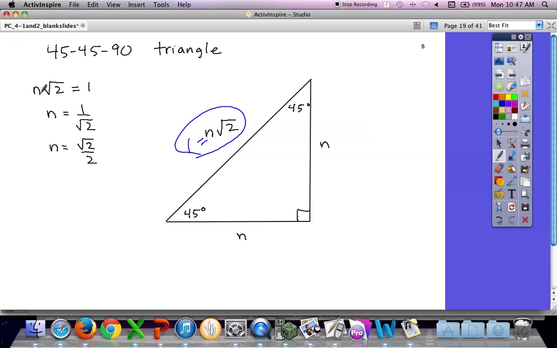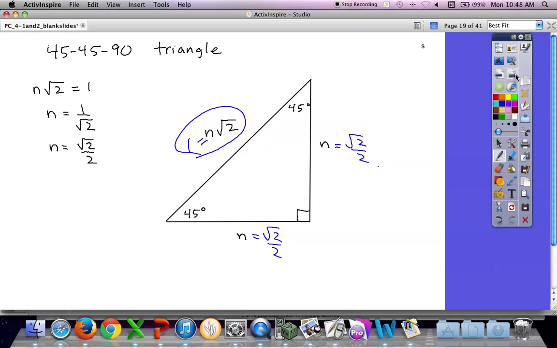So if I set n times the square root of 2 equal to 1, and then I solve for n, that means divide by the square root of 2, and then we rationalize denominators here, multiply by the square root of 2 over the square root of 2, and then it's root 2 over 2. So if the hypotenuse is 1, this must be the square root of 2 over 2. And this must be the square root of 2 over 2.